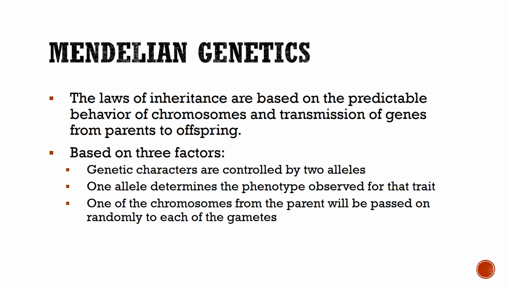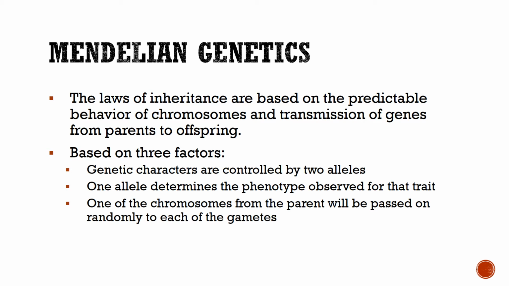We look at three really important factors of Mendelian genetics. First, characters are controlled by two alleles. Second, one allele determines the phenotype observed for that trait. Now remember, phenotype is due to the genotype, so we have to have that genotype first, which is very important with that first factor.